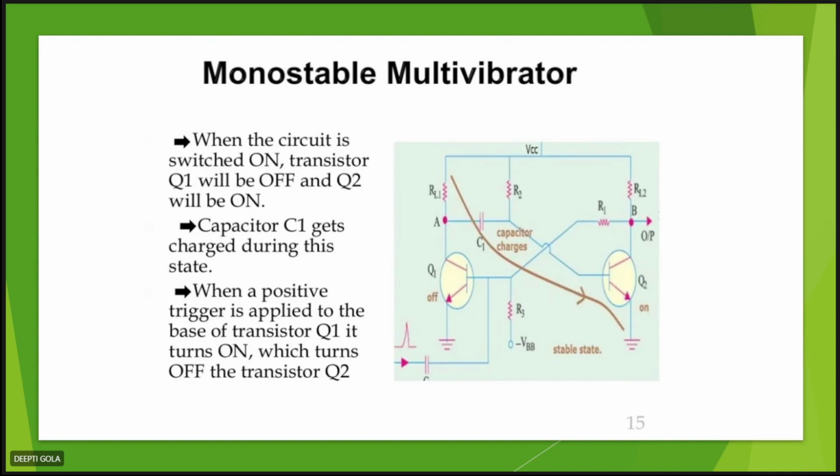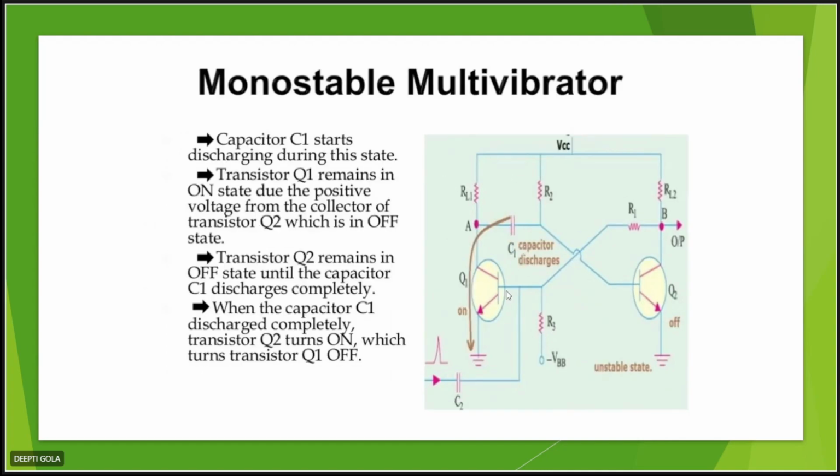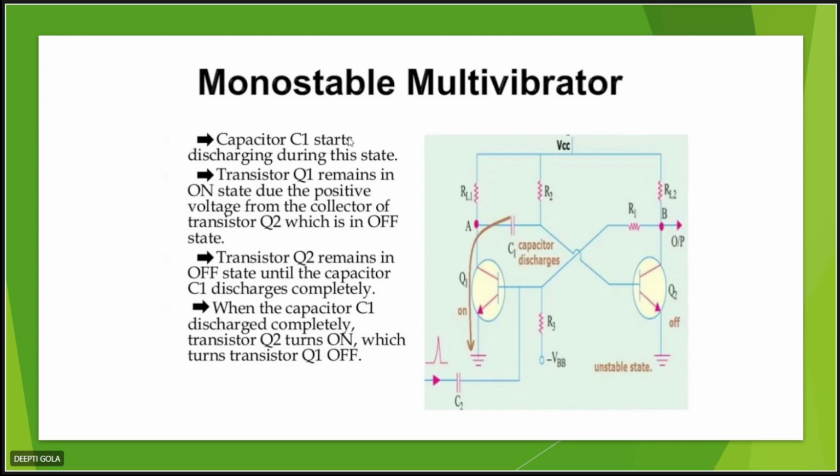Now, when we apply some external trigger at the base of Q1, Q1 will turn on and it will turn off the transistor Q2. In this condition, our capacitor C1, which has charged, maybe up to half of VCC or maybe fully charged up to VCC, will start discharging through this transistor Q1, correct?